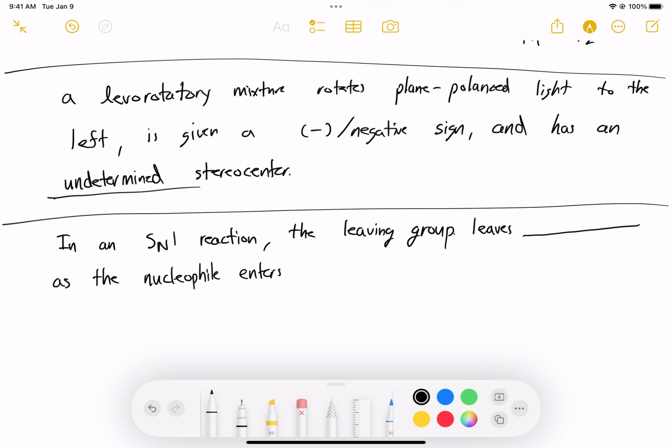Okay, which creates a blank intermediate. Okay.